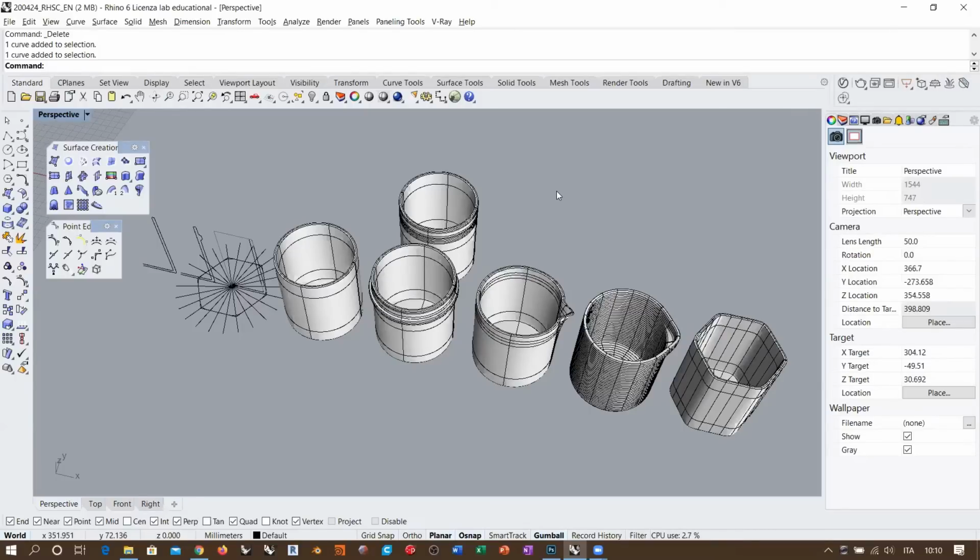SubD is a very interesting feature that is going to be added to Rhino. I think that it responds to the need of many users that were used to working with these splines.